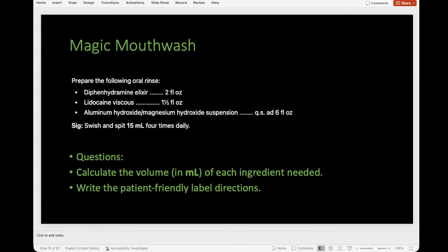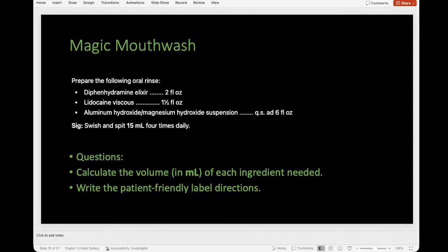So the next one is another compounded medication. It's on Magic Mouthwash, and it involves three ingredients. Sometimes with Magic Mouthwash you might see four ingredients, and sometimes you see three. Prescribers, when they call it into the pharmacy, may call it in as three ingredients or four ingredients.